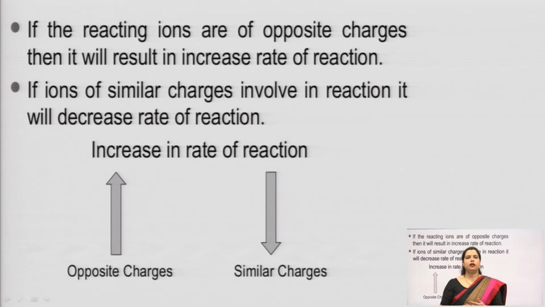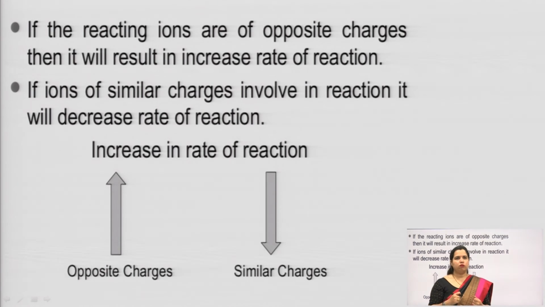If the reacting ions are of opposite charges, for example plus and minus, then it will result in an increased rate of reaction, because the affinity to interact will be higher. If ions of similar charges are involved in the reaction, it will decrease the rate of reaction, because opposite charges attract more as compared to similar charges.